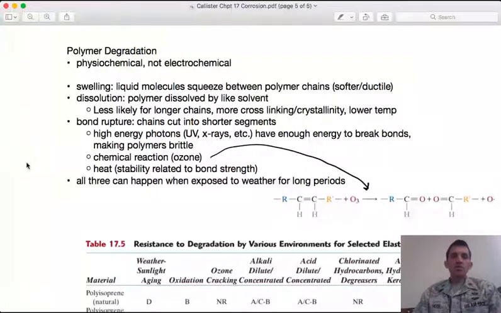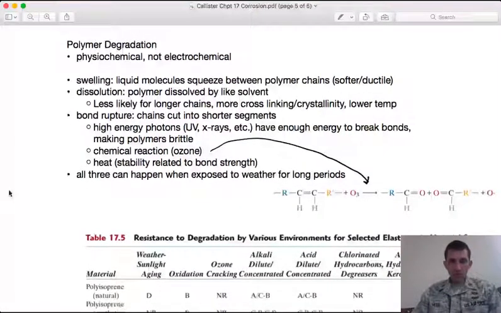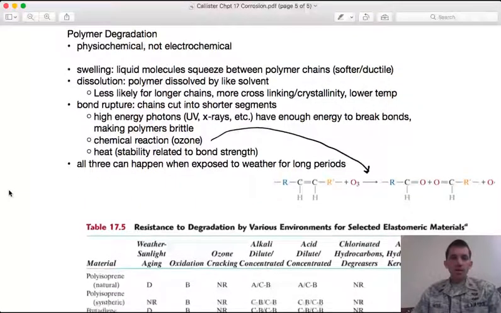Polymer degradation, you can throw out all of the electrochemical stuff, because we're not talking about an electrochemical reaction with polymer degradation. Here it's more physiochemical, so we have physical and chemical forces. And a lot of these should be familiar from when we talked about polymer structure.